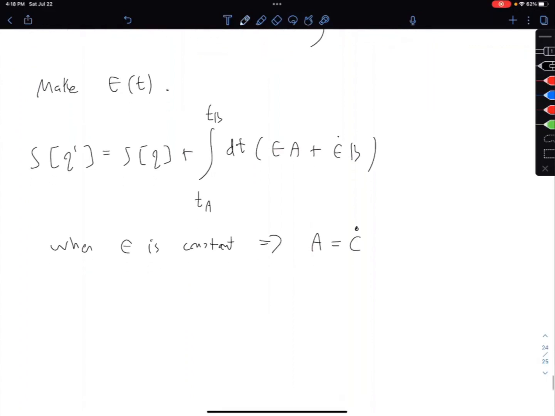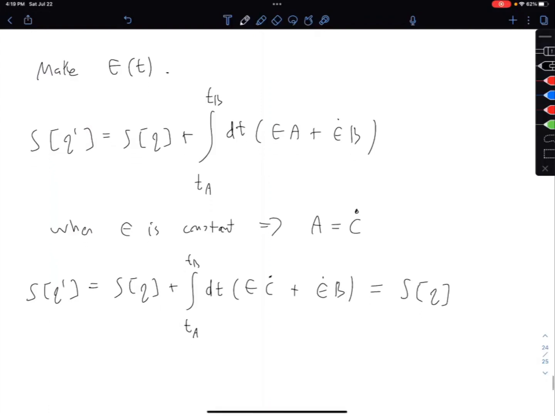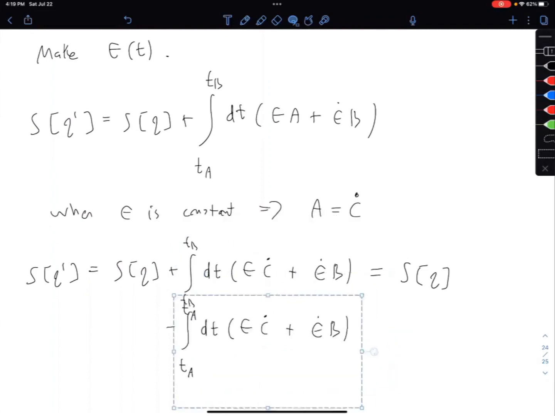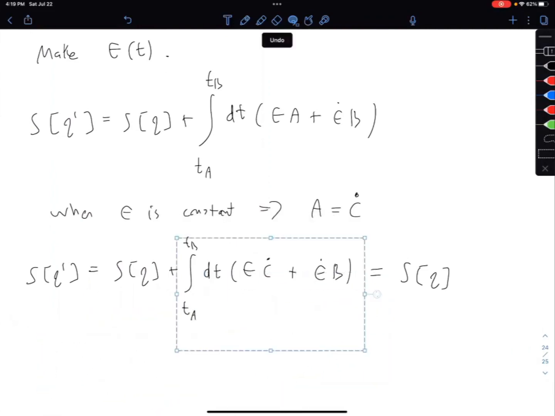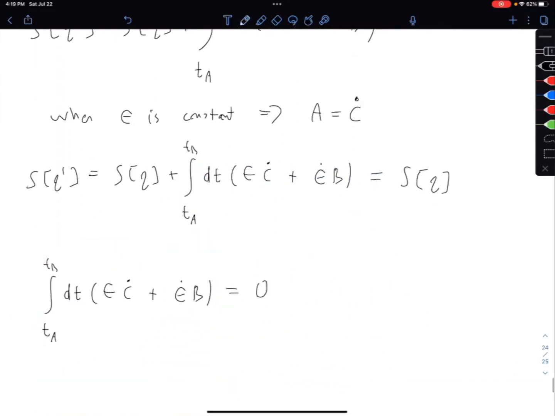Okay, and that means that when you make epsilon vanish at the bounds, and you assume that Q is a solution, you'll have S of Q prime will be equal to S of Q plus the integral from TA to TB of dt, epsilon C dot, because A is C dot, plus epsilon dot B. And then because we said that Q is a solution and epsilon vanishes at the bounds, this is to be equal to S of Q. And that means that this has to be 0.